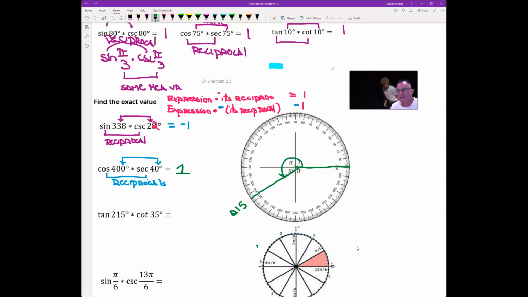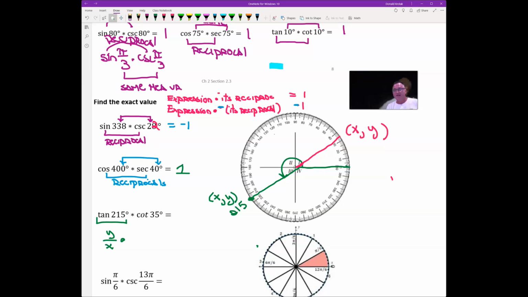So that point is going to have some xy coordinate. And to get its tangent, the tangent is equal to the y coordinate divided by the x. Now 35 degrees. So yeah, 180 to that, and then 35. And that's going to have an x and a y coordinate.